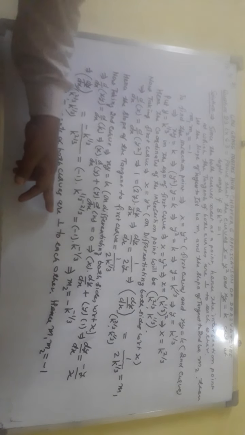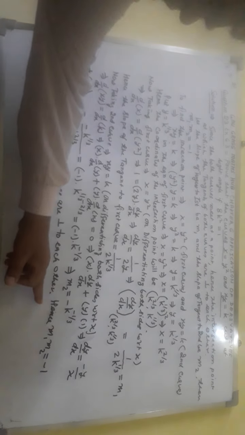This is the formula. Since the tangents of both curves are perpendicular to each other, the slope of tangent to the first curve multiplied by the slope of tangent to the second curve will be equal to minus 1. The value of M1 I shall take from this place.